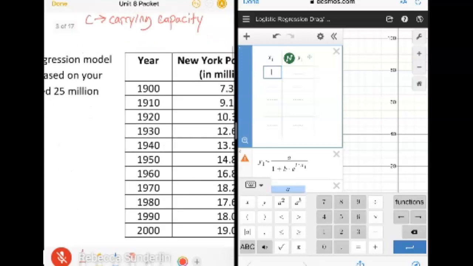So our very first T, 1900, is 0 years since 1900. What about the second T? 10. Yes, you guys got it. 10, 20. I'm not going to list them all, but yes, you do have to put them all: 0, 10, 20, 30.